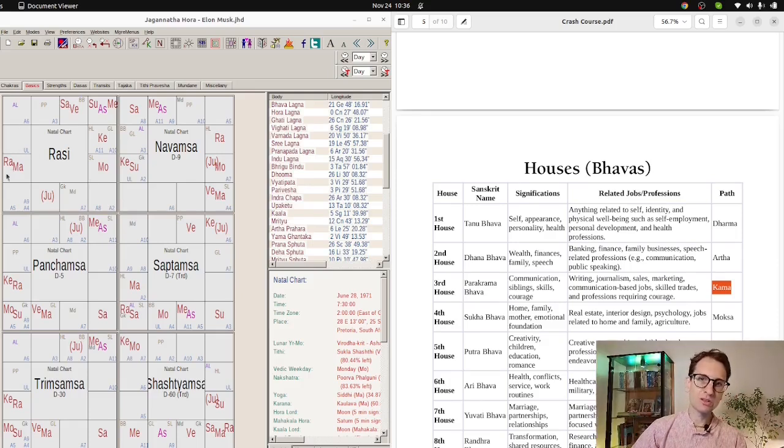Okay, so we can also see Mars is exalted, so he also has the power to actually do it. So the sun is the king and Mars is the general. So the king develops a desire: I want to achieve this, and Mars has the power to do it. So the third house, and there's some connection. You see, they're just opposite. There's a Rashi aspect actually.